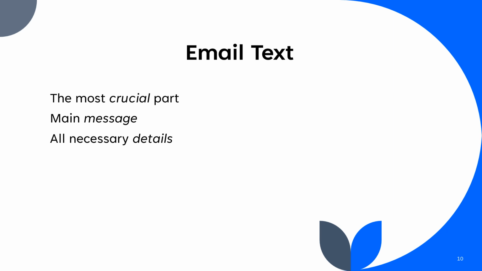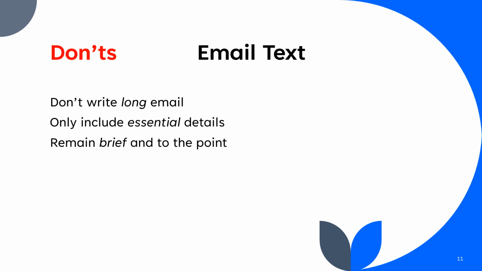Now let's turn to the email text, which is the third but largest part of your email because it includes the main message and all the necessary details. Here's another don't. You aren't writing a book here. Avoid long emails altogether.